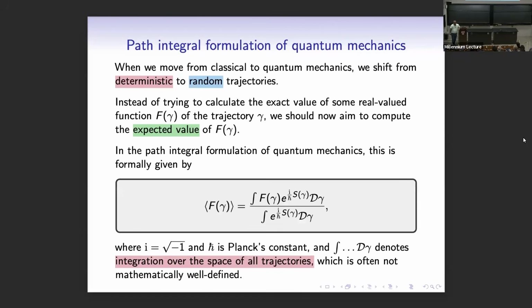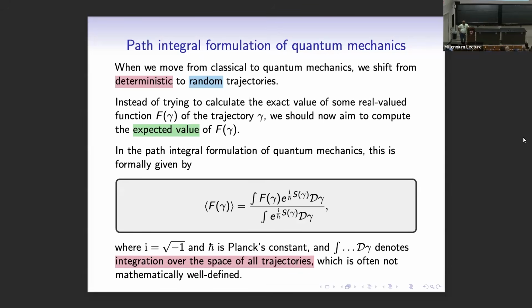So heuristically, the path integral formulation says that this expected value, and again, I'm brushing a lot of things under the rug, is what's called the vacuum expectation value, and there's a lot of things going on. But let me just make it simple.